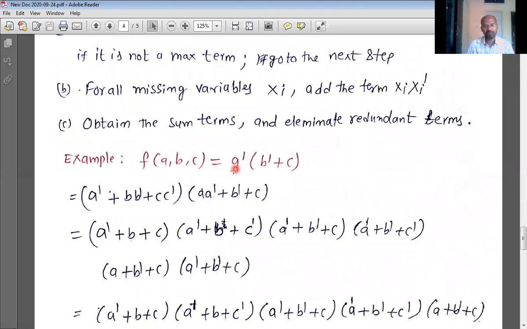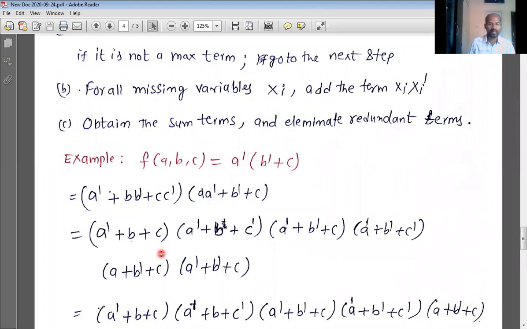In that case, what we do is a bar is written like this. To this, we add 0 and one more 0. This 0 is for b, this 0 is for c. So 0 can be written like this, b b bar, and another missing literal is c c bar. So we write like this. A bar is a bar, this is 0, this is also 0. Adding these two terms doesn't alter a bar functionality.